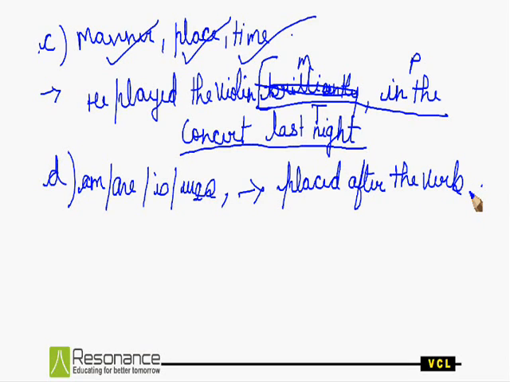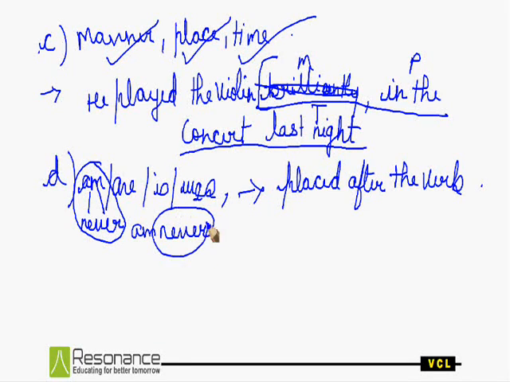For example, I am never late for school. Am, never. As I told you, when we are using am, are, is, was, the adverb is placed after the verb. Am never. The adverb is placed after a verb.